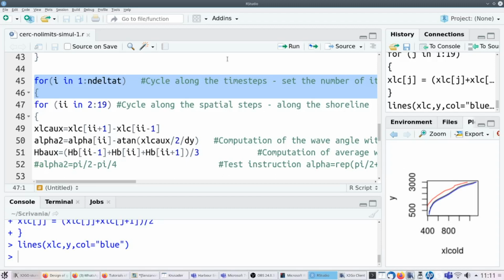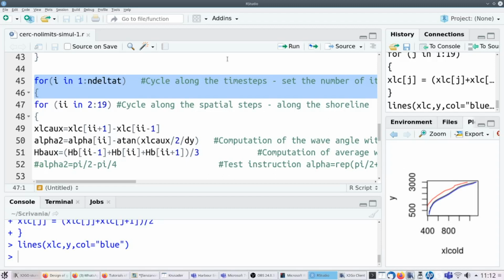You see the comment, it says cycle along the time steps, and it's a for cycle between 1 and n delta t. So look at the syntax of the for instruction. I think we discussed it already last fall, but it's important that you refresh your mind and remember.